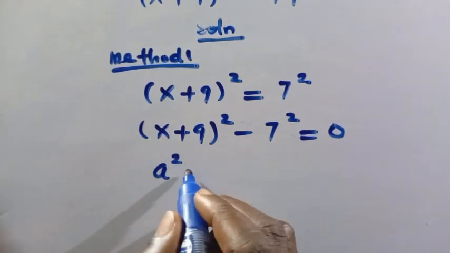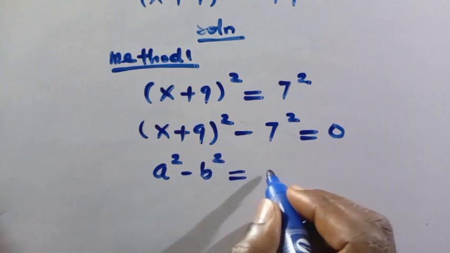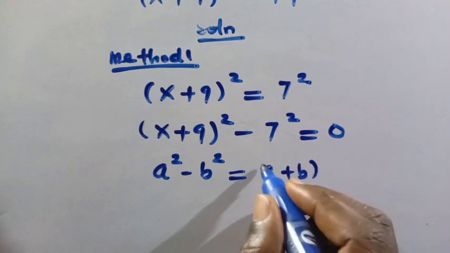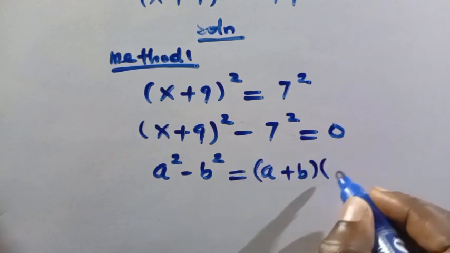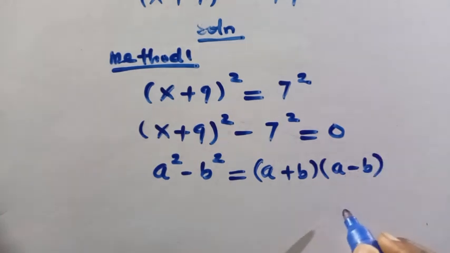Suppose we have a^2 - b^2. This equals (a + b) multiplied by (a - b).